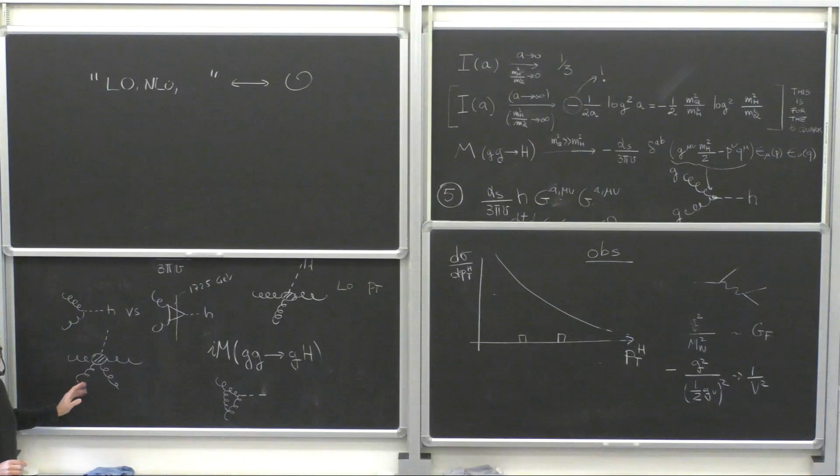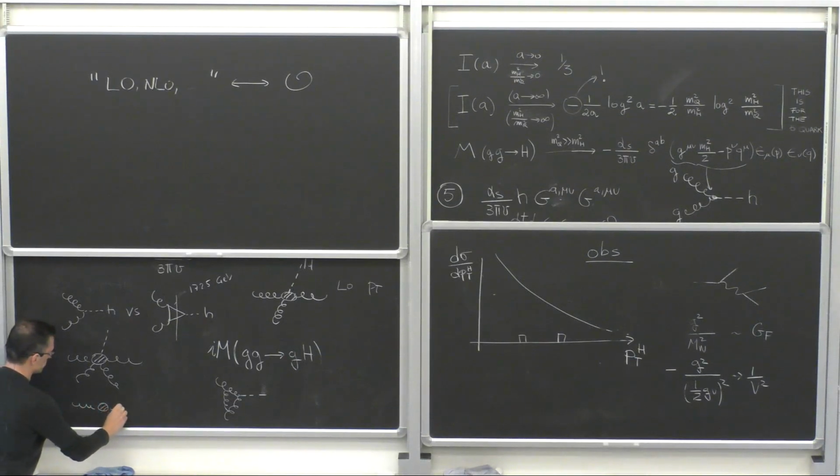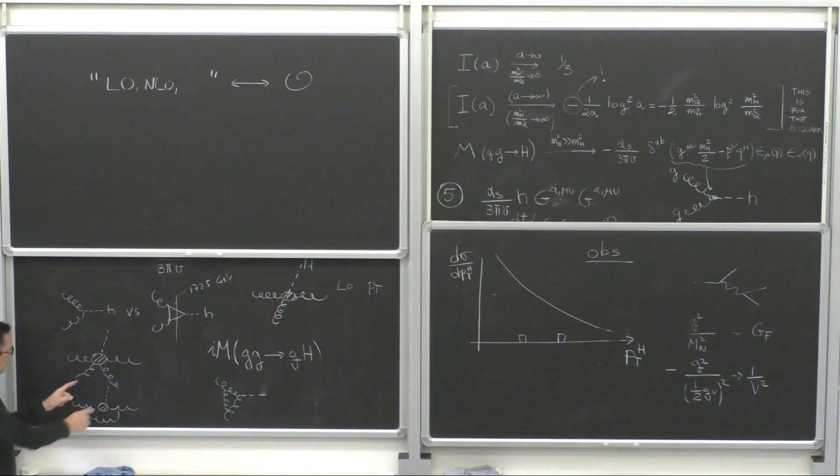Okay? And this thing is obviously problematic, right? You need virtuals here, of this kind, to cancel the divergences that you might have when these two gluons go collinear, for example, one with another, or one of the gluons is soft, right? So if you add this virtual, like this, there is still a jet recoiling.